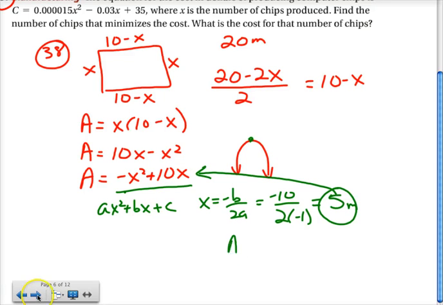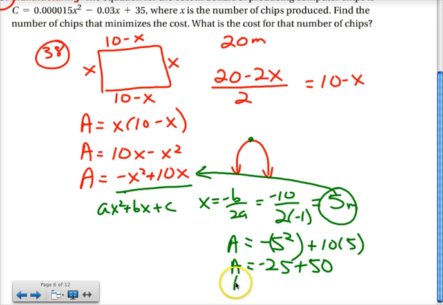So it will be area equals negative 5 squared, and then we have plus 10 times 5. Well, following the order of operations, we'll have negative 25 plus 50, and that's going to give us an area of 25. So with 5 meters as each one of the sides, the area will be maximized at 25 square meters.